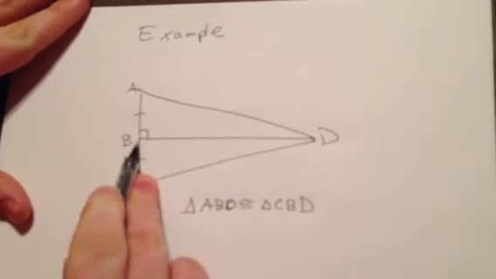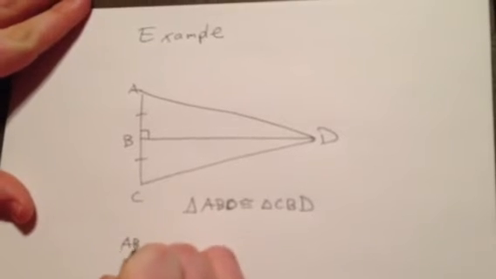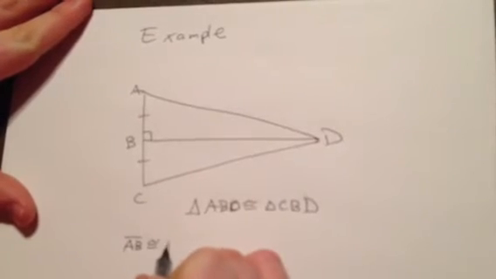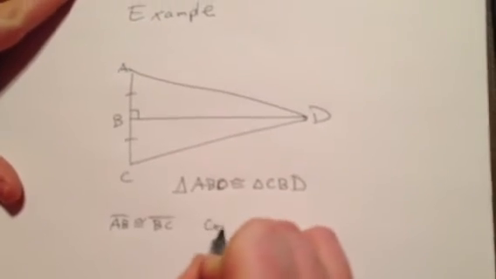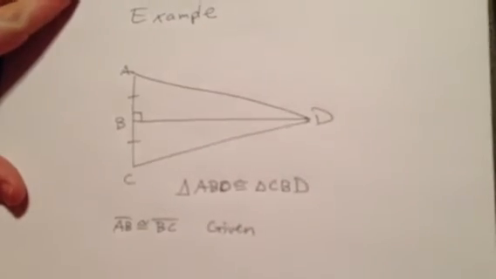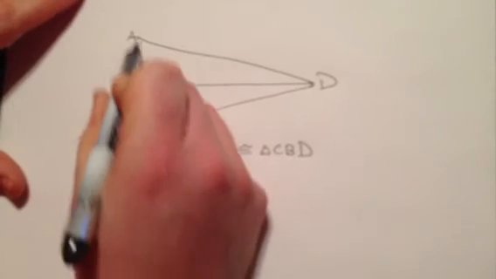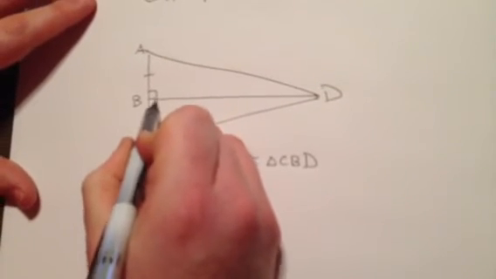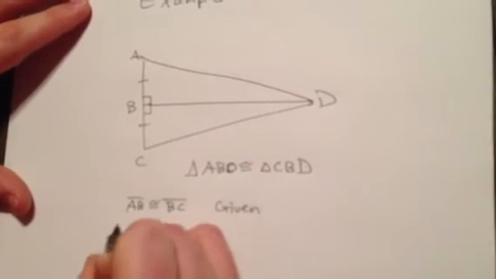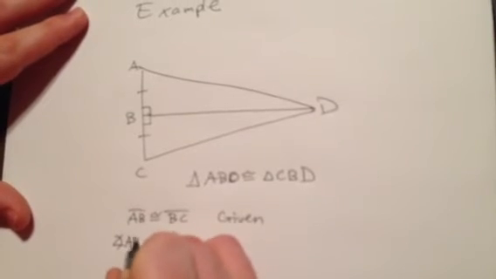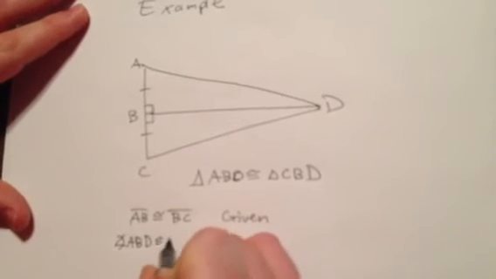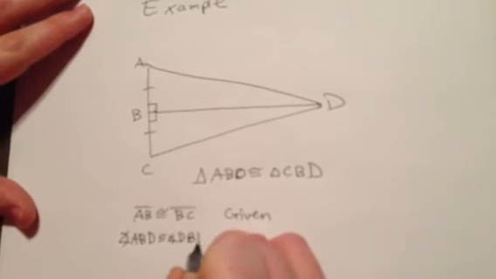Because I know AB and BC are congruent, that's a part of my given. And then I know that this is a 90-degree angle, and because this is a straight line, I know this also has to be a 90-degree angle. So I would say angle ABD is congruent to angle CBD.